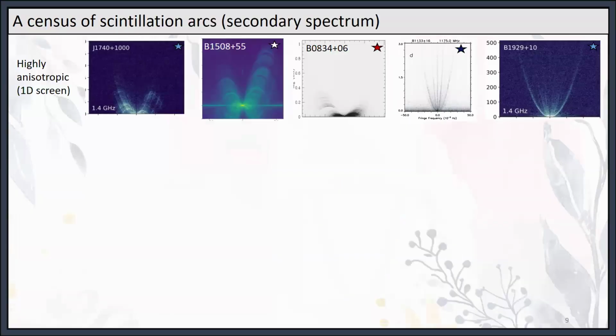And so, once you actually look at the data and you look at what these structures look like, it seems that it resembles them pretty well. You see that you have a bunch of these parabolas, and some of these have the inverted arclets. In weak scintillation, you actually just get these parabolas, nothing more.